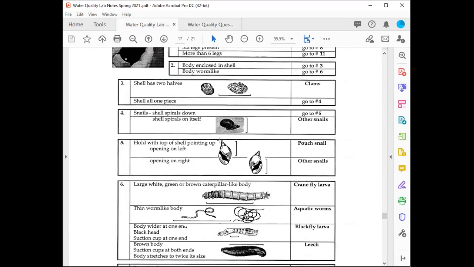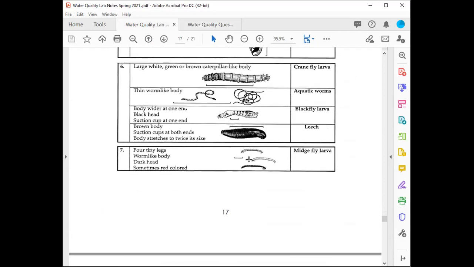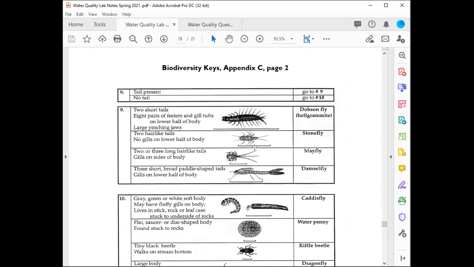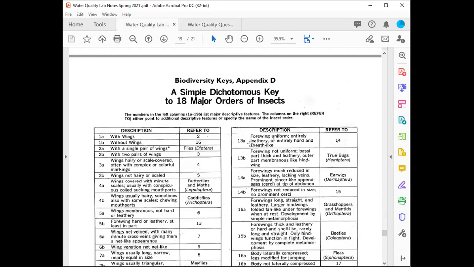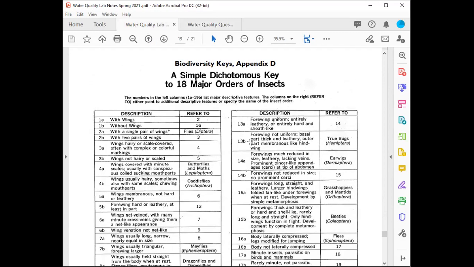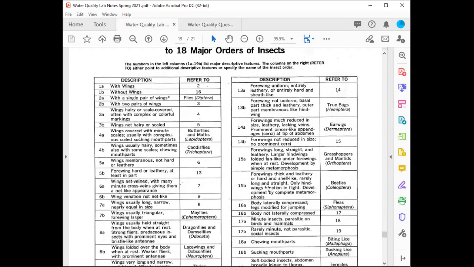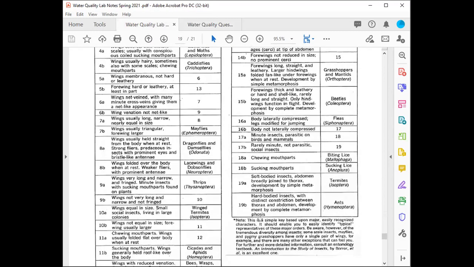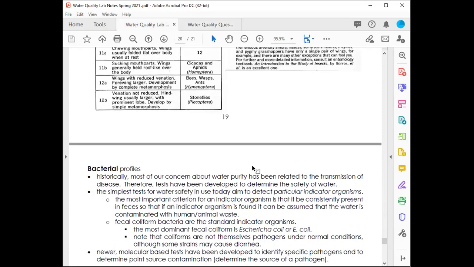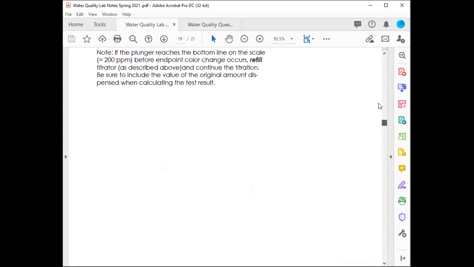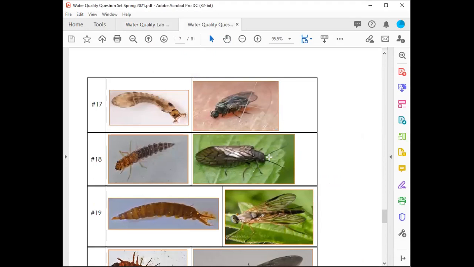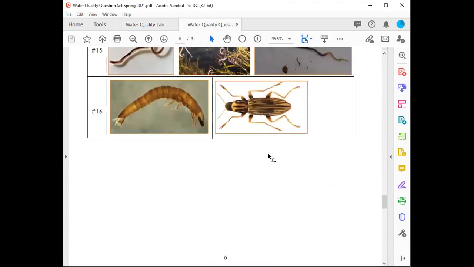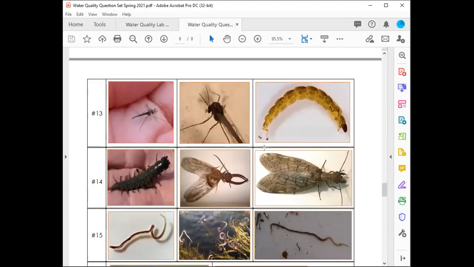There's a couple keys, and then there's this third key. Maybe I didn't look hard enough, but I couldn't find anything about tolerance to pollution, so that's why I'm telling you not to worry about that too much. Just use that to try to identify your invertebrates.